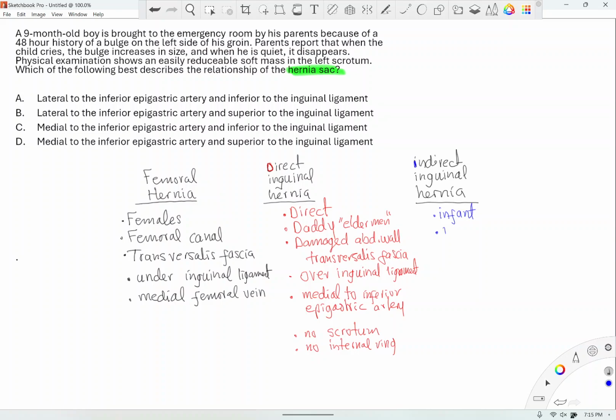It involves the inguinal canal. It always goes through the inguinal canal, whereas the other two do not go through the inguinal canal. And it always goes into the scrotum. So we said scrotum here, into the scrotum.